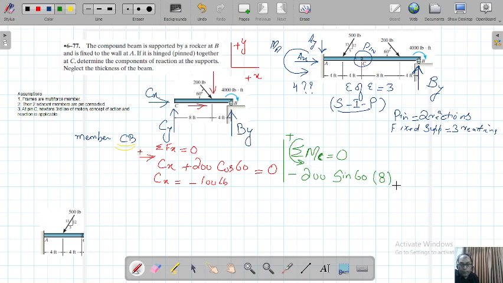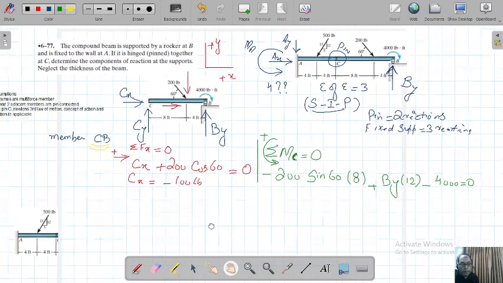Then it is going to be plus By into 12, the moment arm. This is positive because it is taking the beam segment anti-clockwise, and it is fixed at C. This 200 sine 60 is negative because it is taking us in the clockwise direction, and this 4000 pound feet is again a moment in the clockwise direction, so minus 4000 is equal to 0.